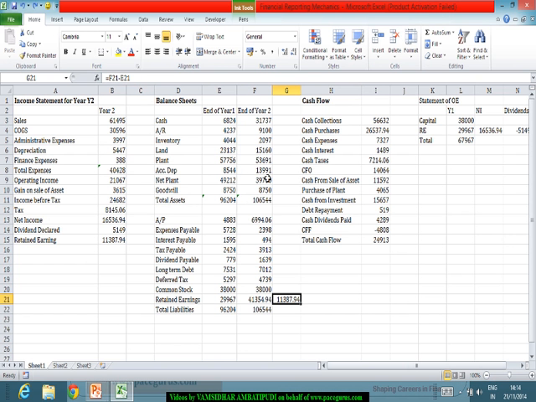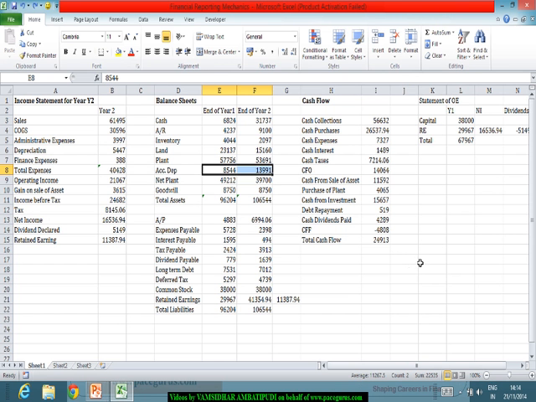So it's the difference between the accumulated depreciation here and the accumulated depreciation here. 13,900 minus 8,500 should match the depreciation, which is 5,400. That's one more interrelationship that we need to be comfortable with.